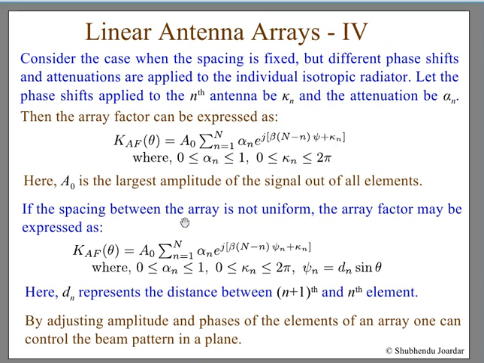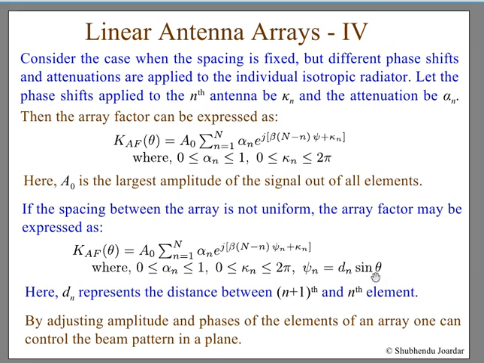If the spacing between the array elements is not uniform, the array factor may be expressed as follows, so you are changing the distance as well. I have substituted this particular term with dn sin theta.